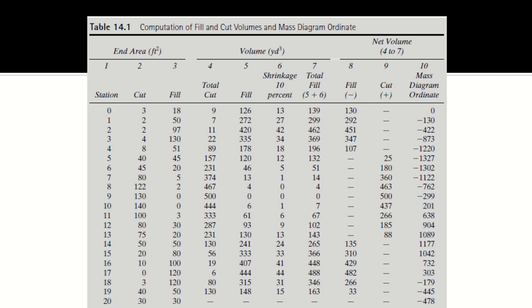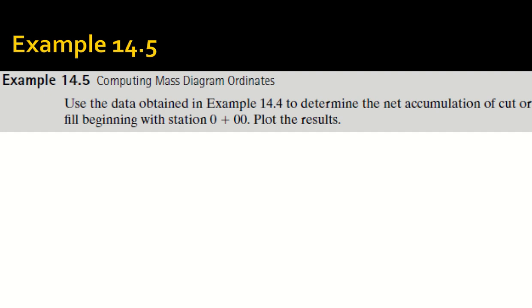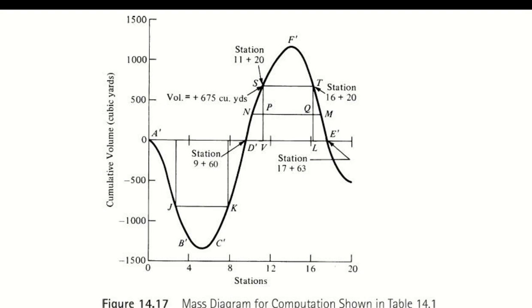Now the next point is at 0, point E dash. After 17, I will not go to 18 because 18 is on the other side. It's after the balance point, so I'll go only to 1763. I'll now take the midpoint of this one.